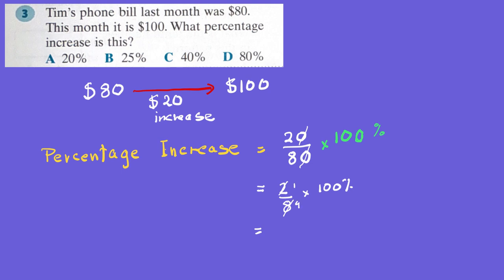So what we're doing is dividing 100% by 4, and that is going to be equal to 25%. And once again, we can highlight this above, look for 25%, which is B.